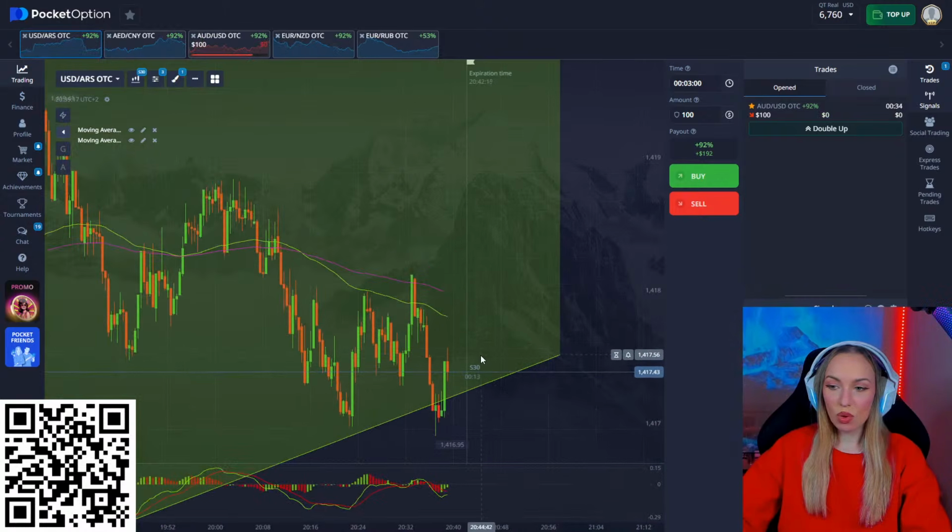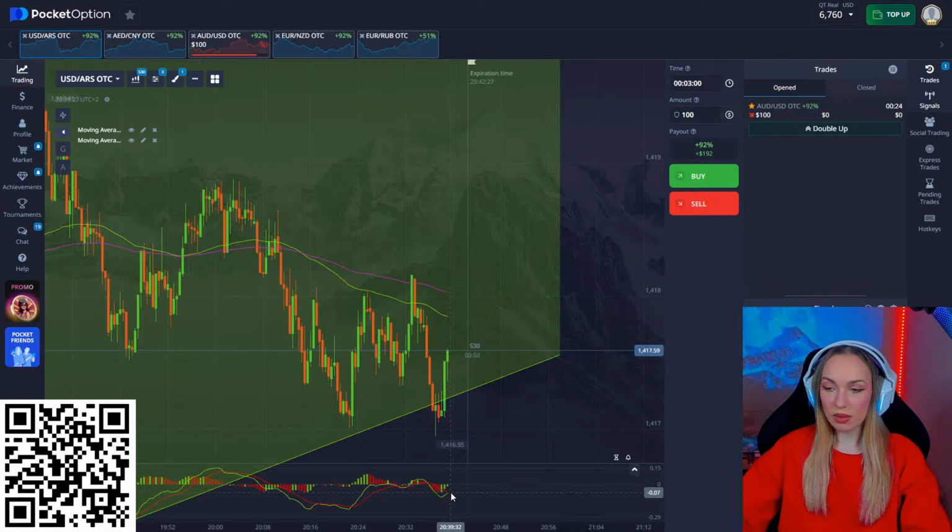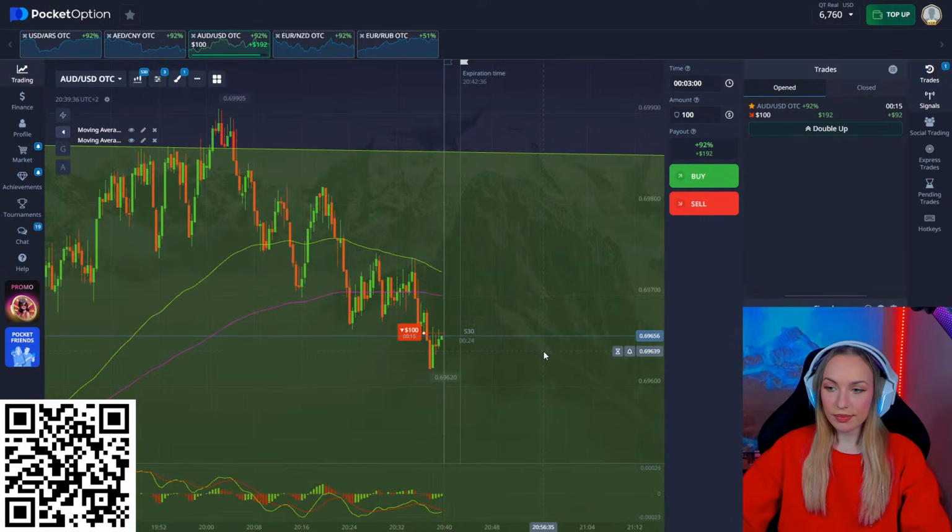And I wanted to open the trade on USD ARS, but it went down unfortunately, but we will see. Maybe I'll open here the trade a little bit later, because if MACD lines cross there, it's gonna be a really good signal to open the trade maybe. And oh my god, it's so close to the point where I entered.